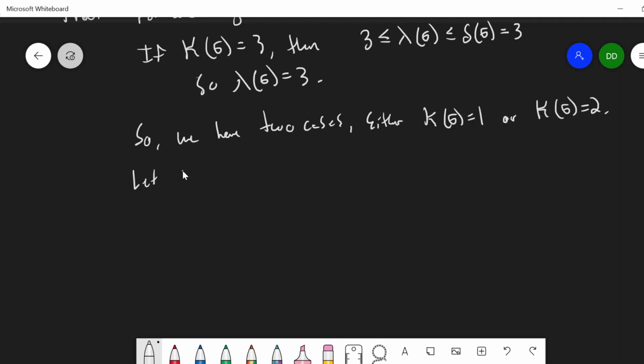So in either case, let U be a minimum vertex cut of G. And so we have either the cardinality of U is equal to 1 or 2. So these will be our two cases corresponding with these two.